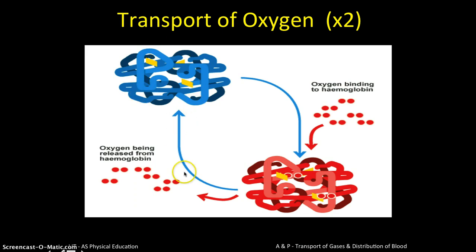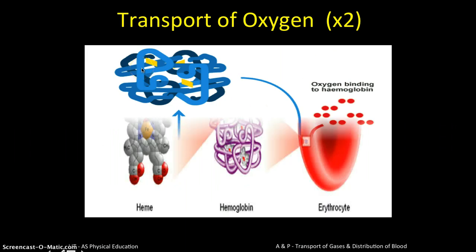Deoxygenated blood, where hemoglobin maybe goes past muscles, may give off some of its oxygen and may return less oxygenated or deoxygenated, and we sort of translate this as a bluey colour, or a darker red it should be really. So when there's lots of oxygen attached to hemoglobin, it's more red, and then the hemoglobin lets go of the oxygen and it turns a darker colour.